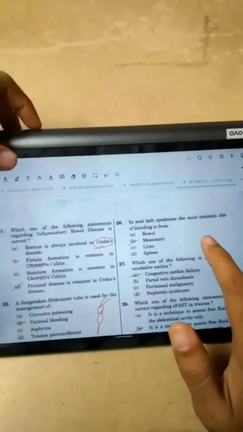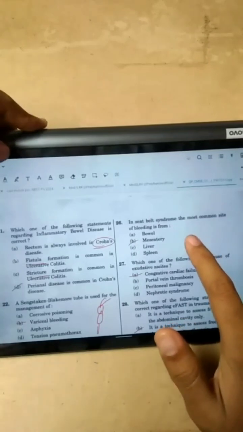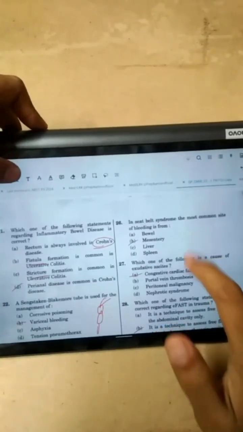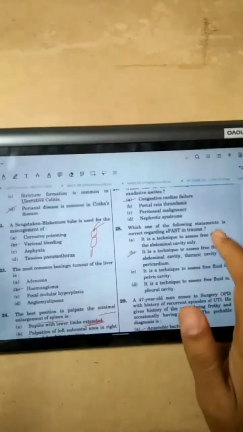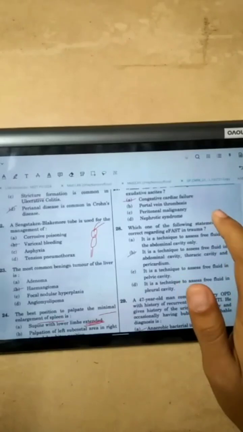Next, in seatbelt syndrome, most common bleeding is from the mesentery, no? Again, one more, cause of exudative ascites is congestive cardiac failure. E first, we do the chest cavity, two lungs.